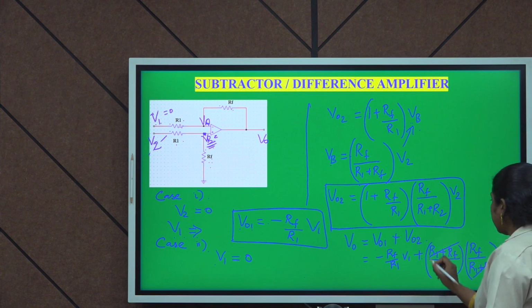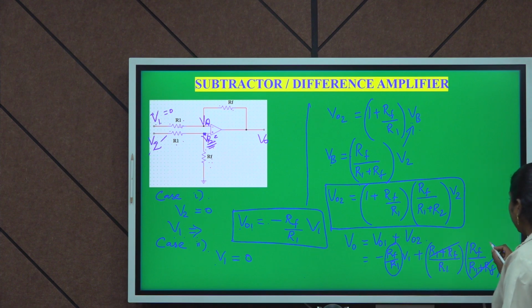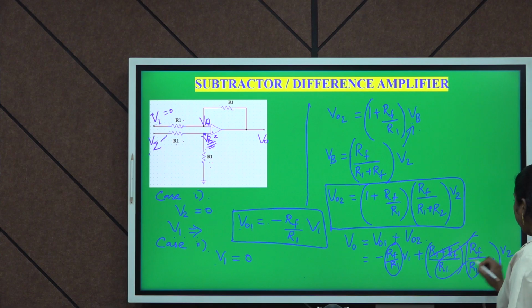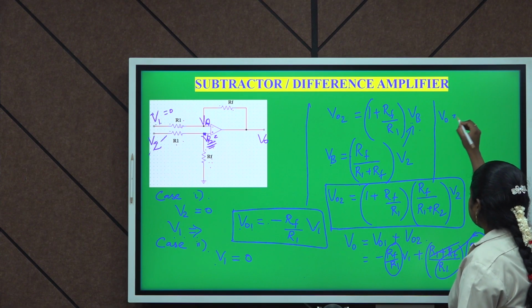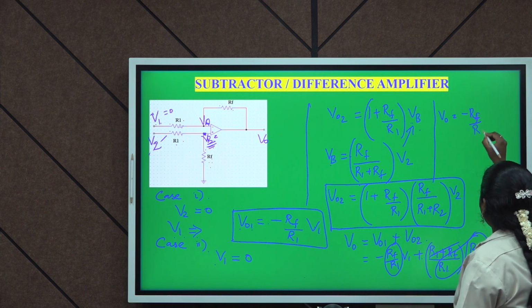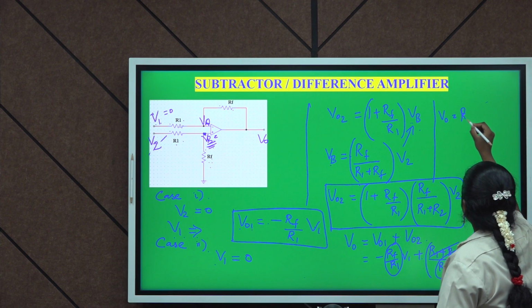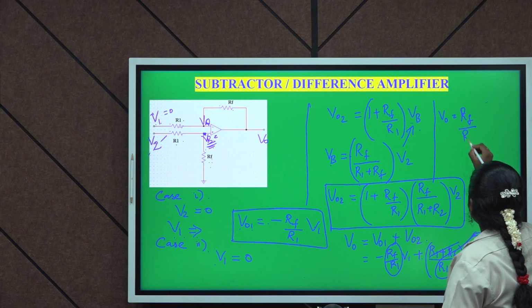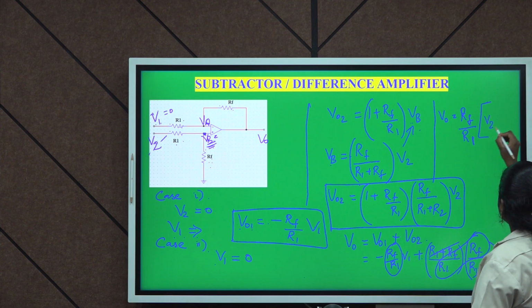These two values will get cancelled. So from this we can take RF by R1 as common. We can write this equation as V0 is equal to minus of RF divided by R1 multiplied with, when we take RF by R1 as common, V2 minus V1.